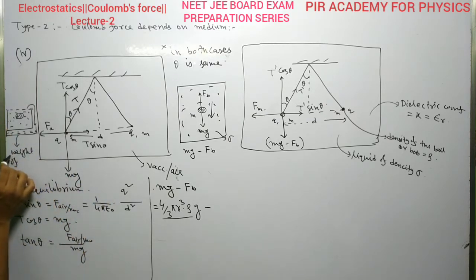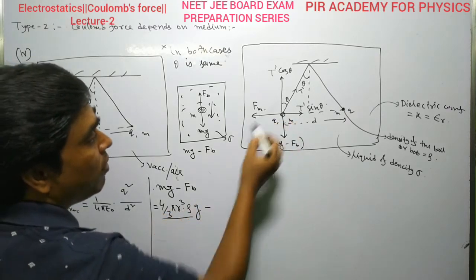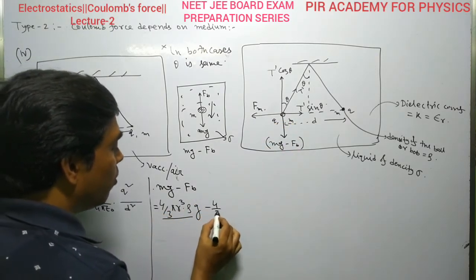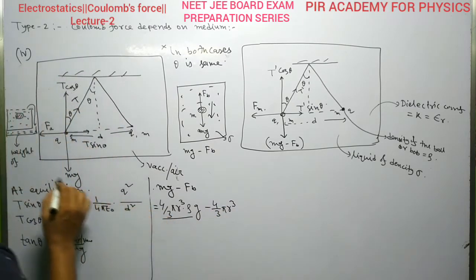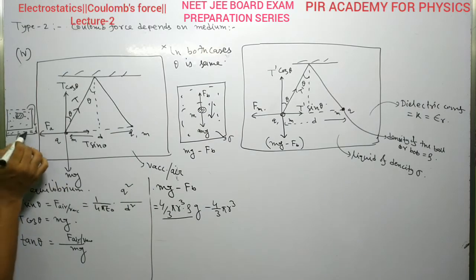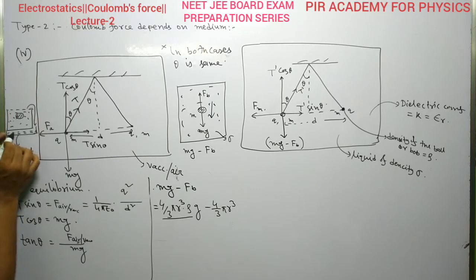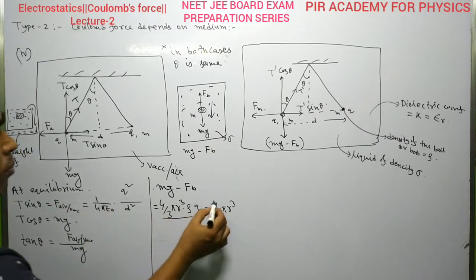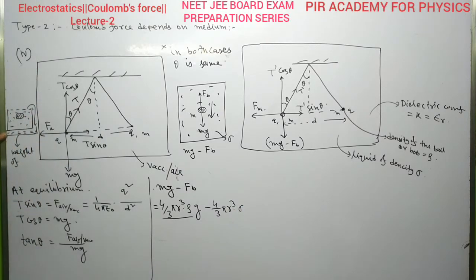The volume of the liquid is equal to the volume of this bob, that means 4/3 pi r cube. Then this is the volume of the liquid coming from this container. Now the mass of this liquid will be 4/3 pi r cube into sigma.